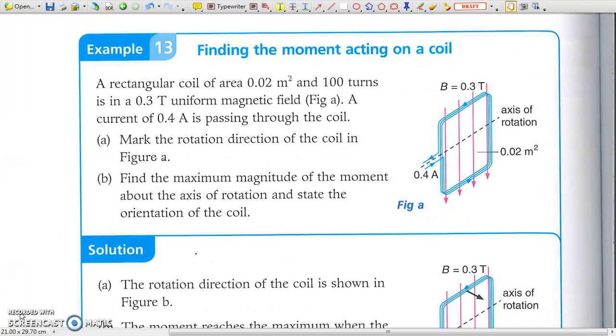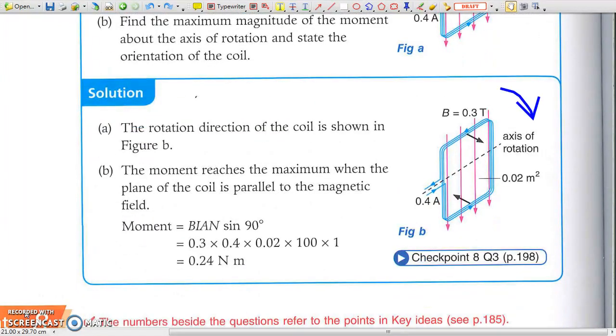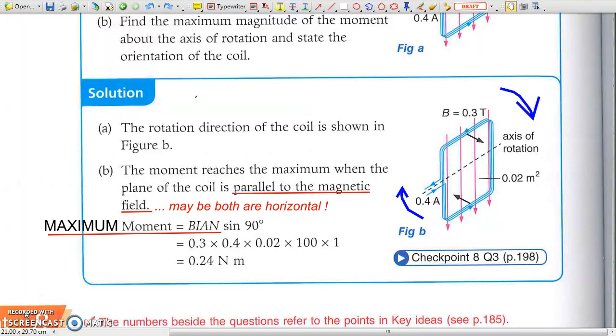Example 13. Find the moment acting on a coil. You must be very familiar with 3D drawings as well as the left-hand rule in order to answer correctly. For part B, it asked for the maximum magnitude of the moment, tau equals NBAI, which occurs when the coil is parallel to the magnetic field.